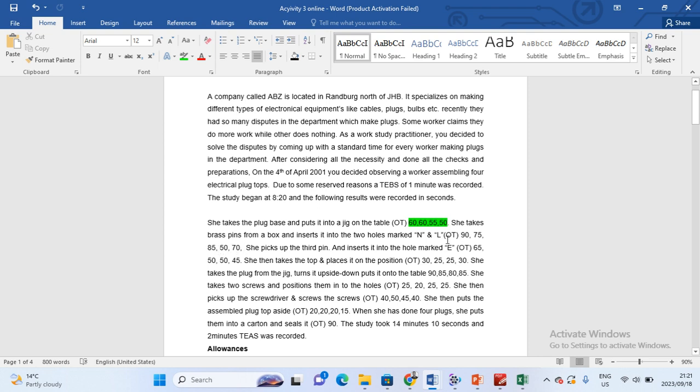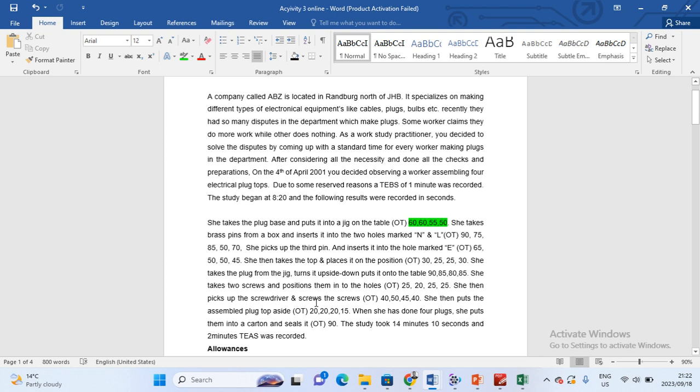Which again, 90 goes into the second element in our second cycle, 75 second element second cycle, 85 second element third cycle, 50 second element third cycle, and 70 second element fourth cycle. She picks up the third pin and inserts it into the hole marked E with an observation time, and you do the same thing. These are our third element in all of our fourth cycle.